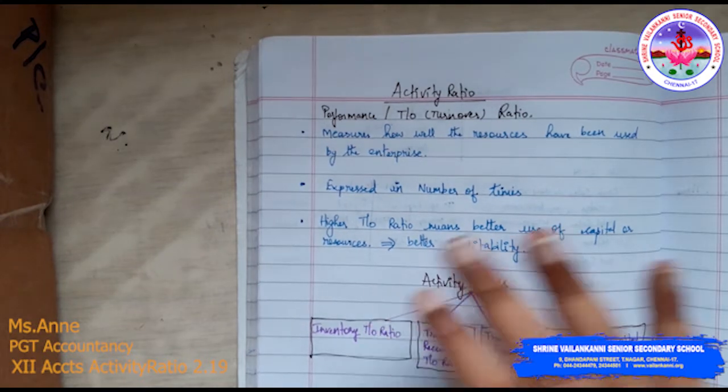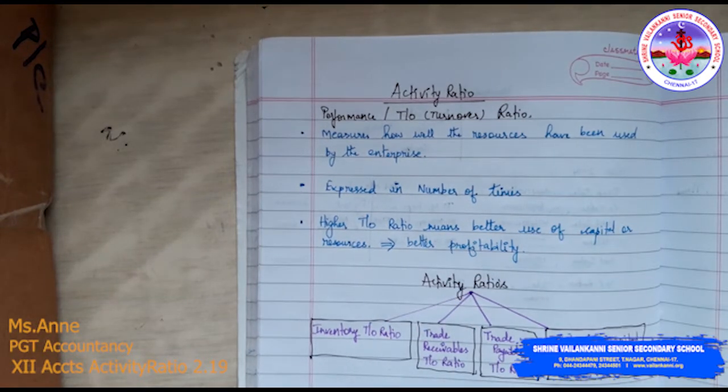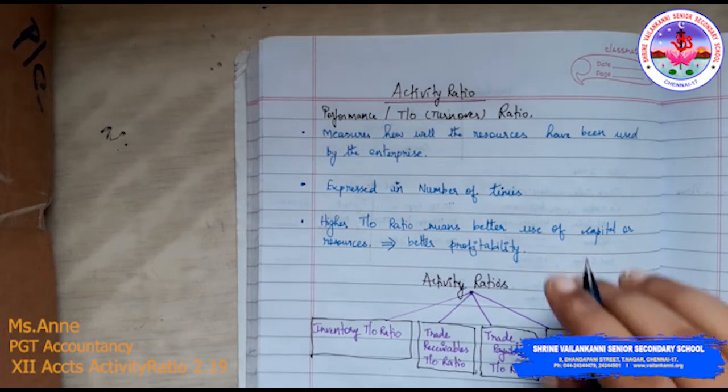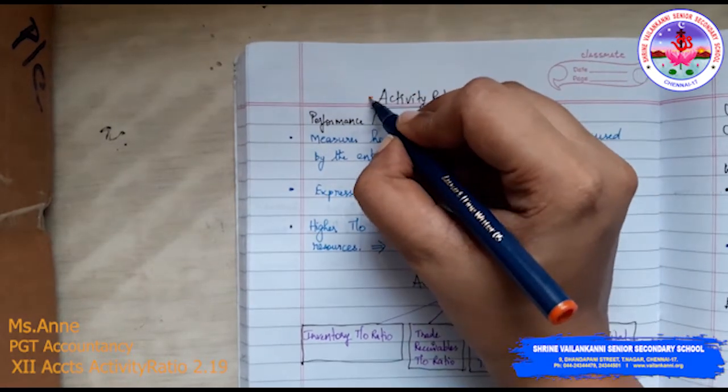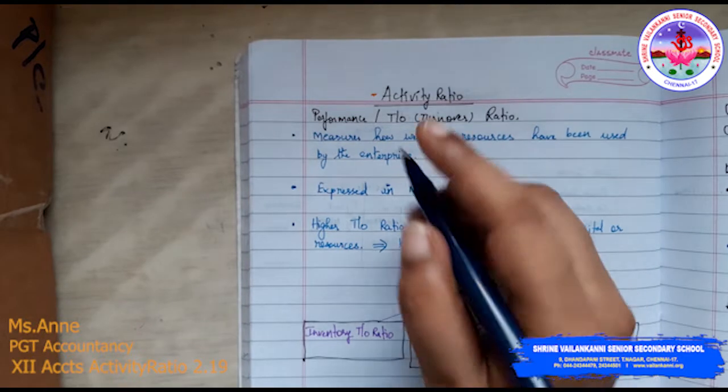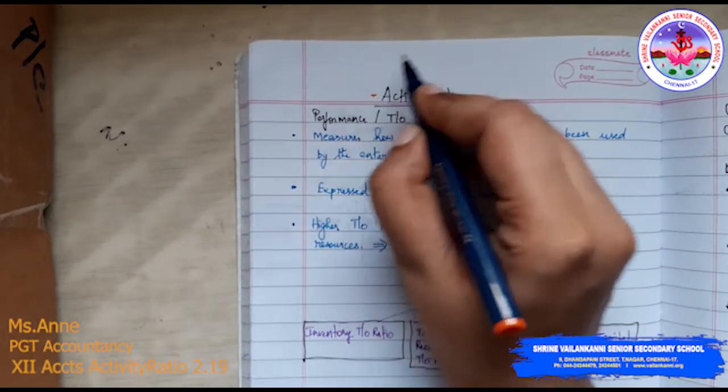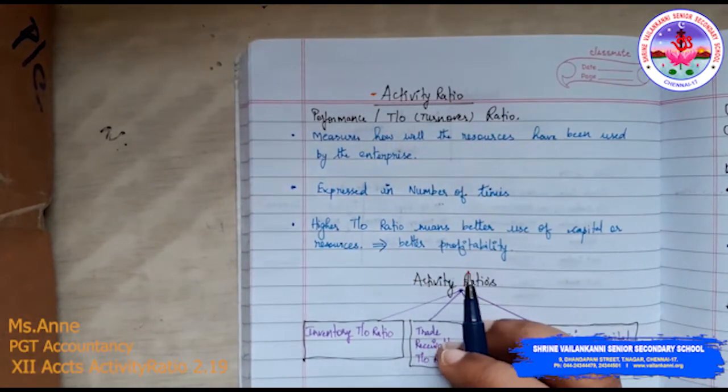You have all these activities that need to be done. Those are called activity. So those activity related ratios are called activity ratios.